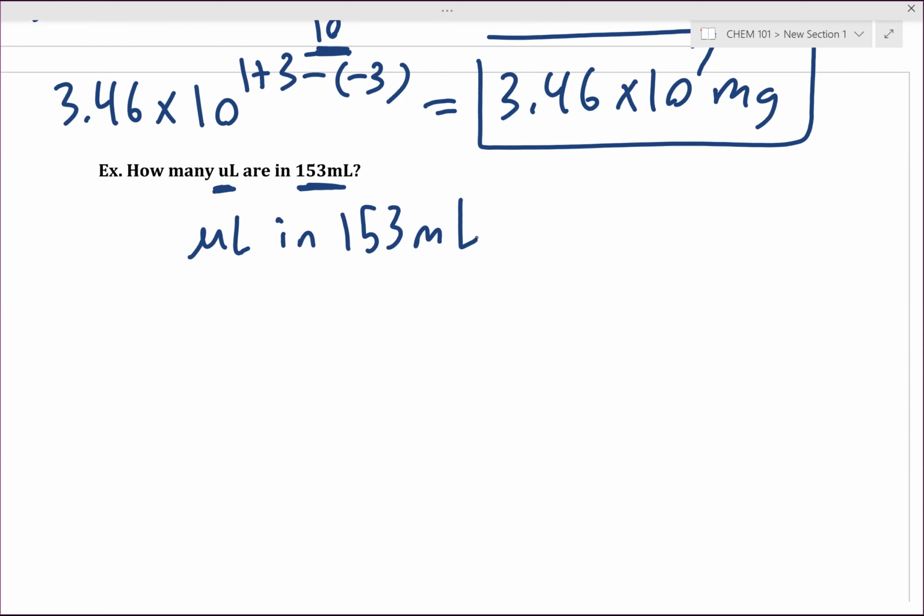I noticed for this one, the math is good, but it's in the opposite direction. We're starting with 153 milliliters. Yeah, that's perfect. Any questions?